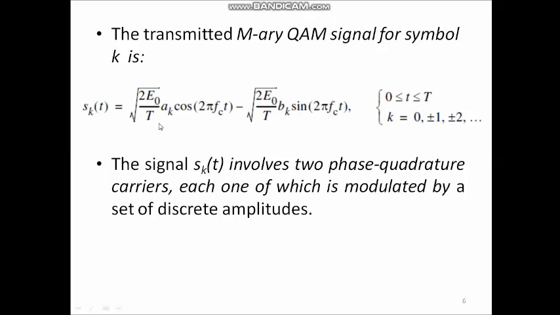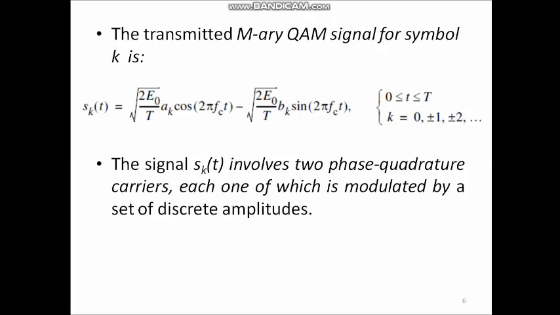Here, because of the parameters ak and bk, there is amplitude modulation also. So, root E0 times ak and root E0 times bk change the amplitude. Because of the cos and sin functions, there is a phase variation. Therefore, this M-ary modulation is quadrature amplitude modulation.